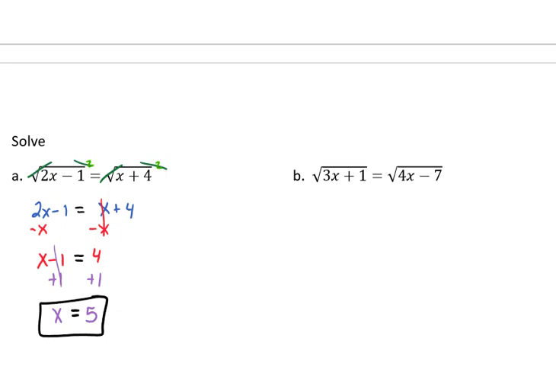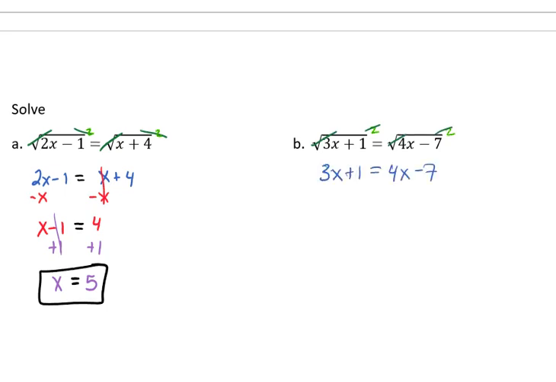You try letter B on your own, so go ahead and push pause, and when you're done, push play, and let's see if you were right. You should begin with squaring both sides to eliminate your square roots, which leaves you with 3x plus 1 equals 4x minus 7. From here, we'll take the smaller x value and move it over to the bigger x value.